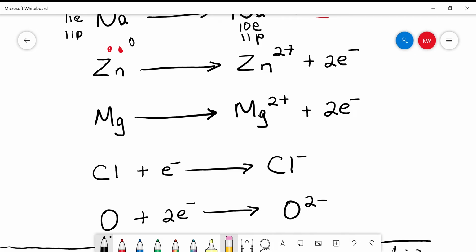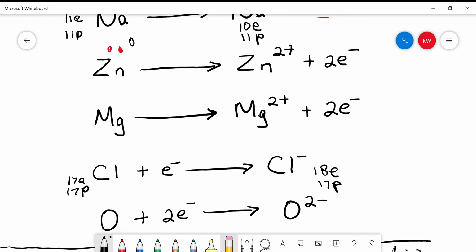So let's look at this. Chlorine gained an electron. Chlorine originally had 17 electrons and 17 protons. This chlorine gained an electron, so now we're going to have 18 electrons and 17 protons.